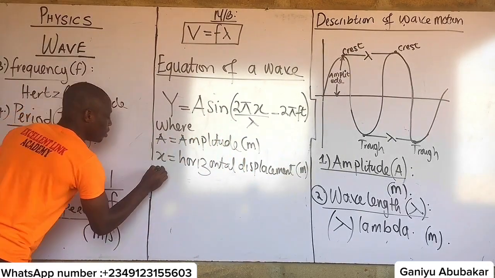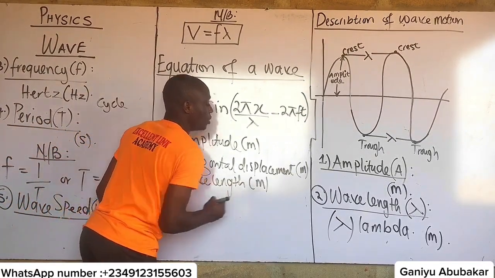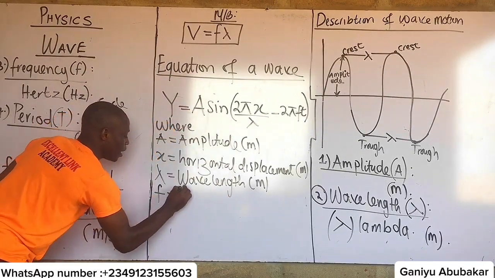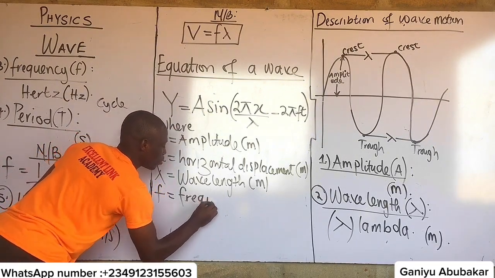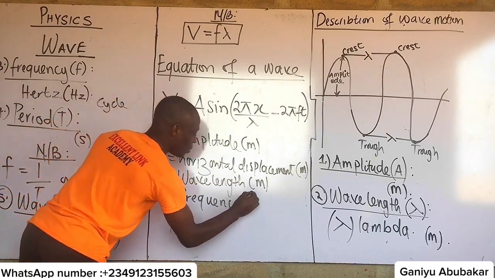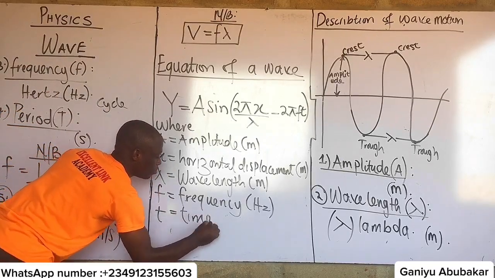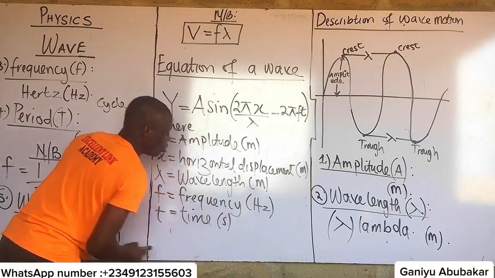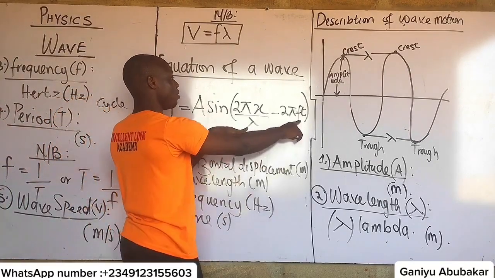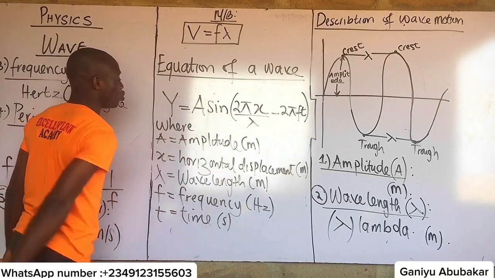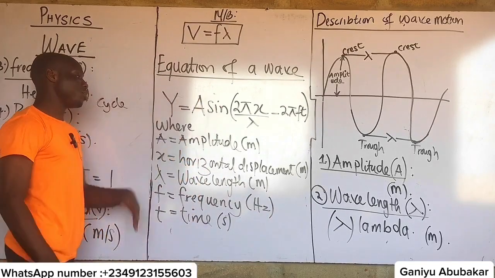Lambda is called wavelength, also measured in meters. f is frequency, as we established, measured in hertz, Hz. t is simply the time it takes a wave particle. Is that all? A, x, lambda, frequency, and time. We know pi is 22/7, right? So this is like the definition of each parameter.